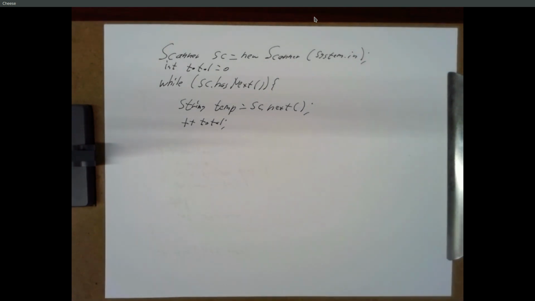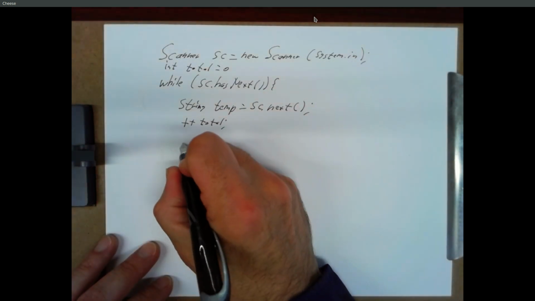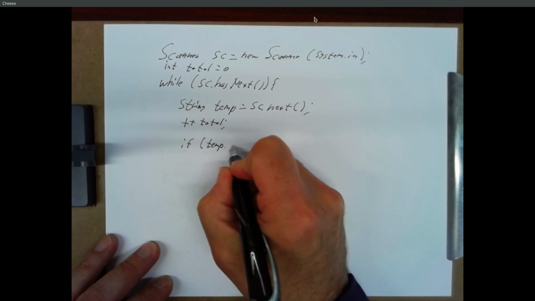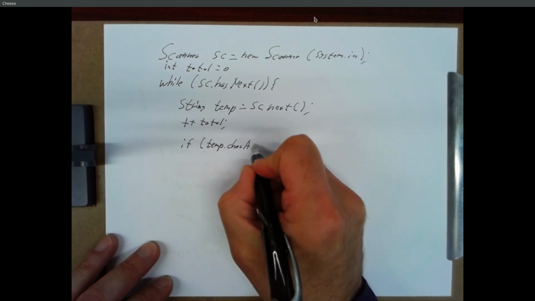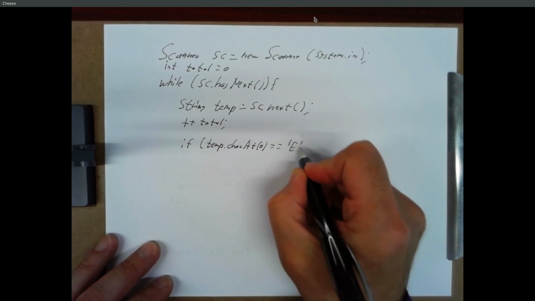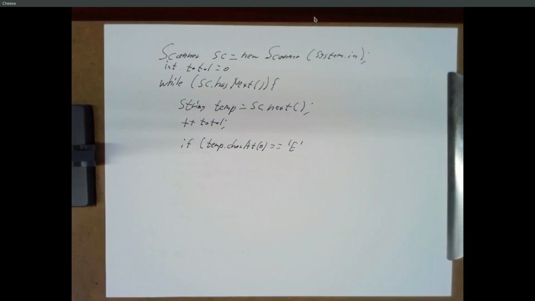So we increment the total, and then what we want to do, we want to know if the first letter is an uppercase E or a lowercase g. So here's a direct if statement. Temp.charAt(0) equals E. So characters we can use equals to compare, right? They're primitives.